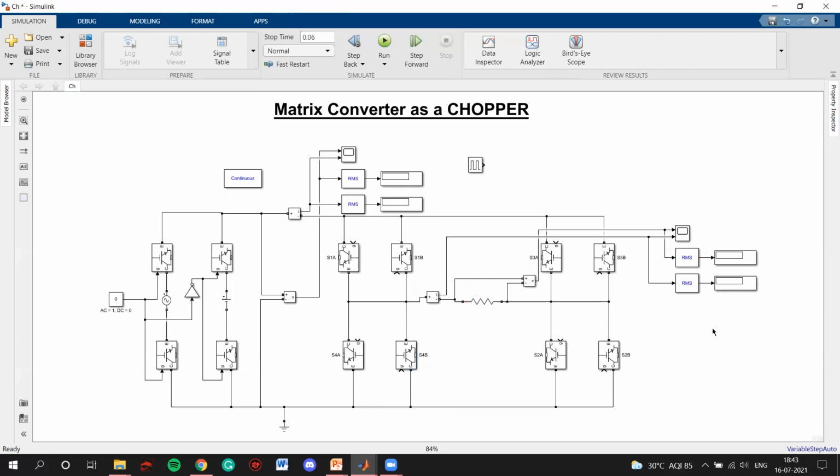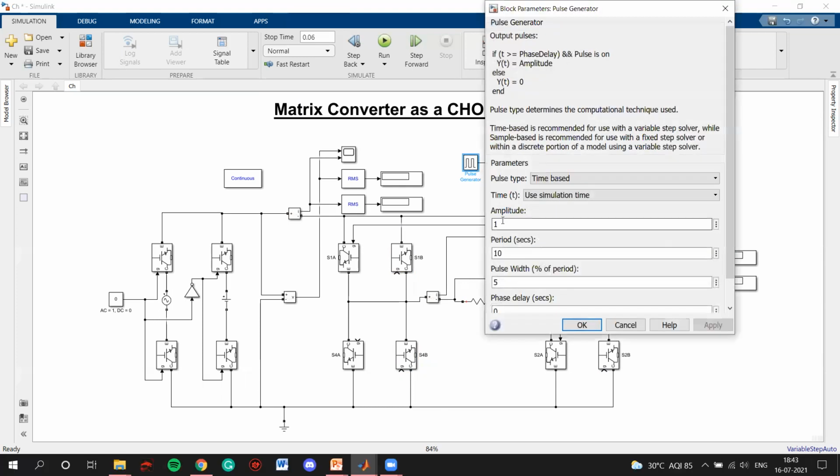So naming the switches is very important because I will now only give commands according to the name of the switch, right? So now we will connect this pulse generator with S1A as well as with S2A, right?